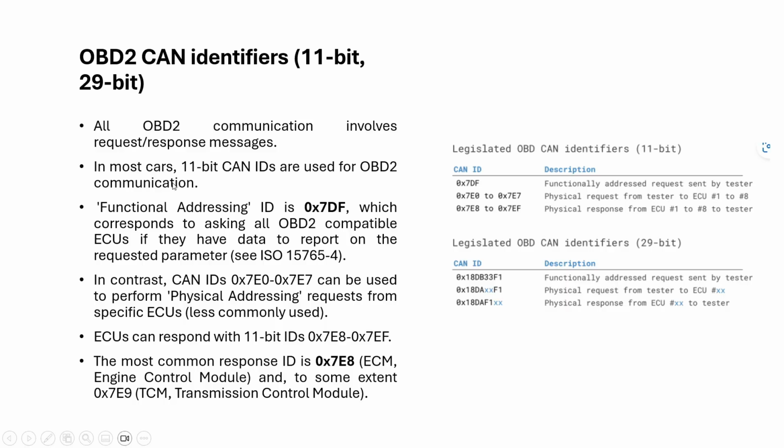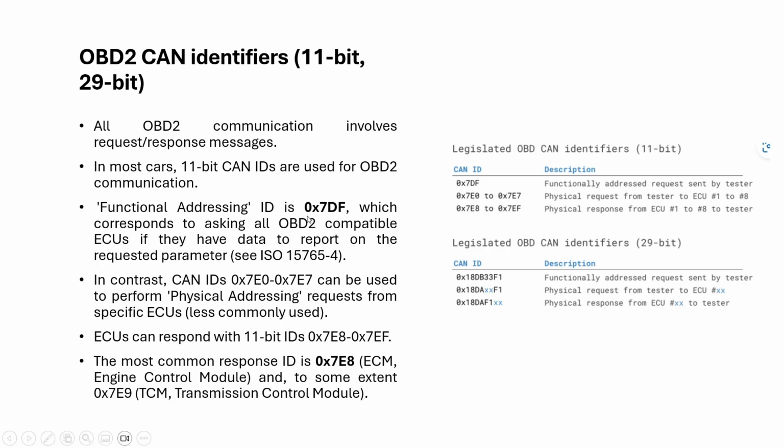In most cars and vehicles, 11-bit CAN IDs are used for the OBD2 communications. So these 11-bit CAN IDs system has two types of address. One is called the functional address, another one is called the physical address.